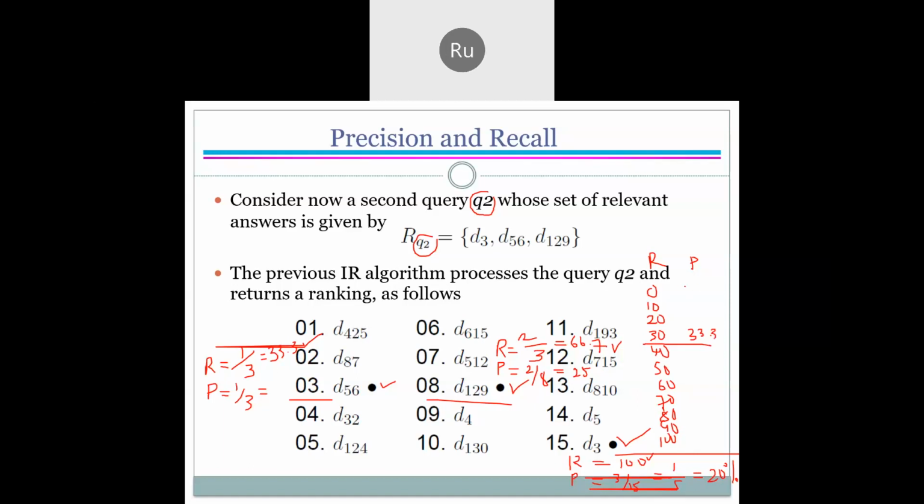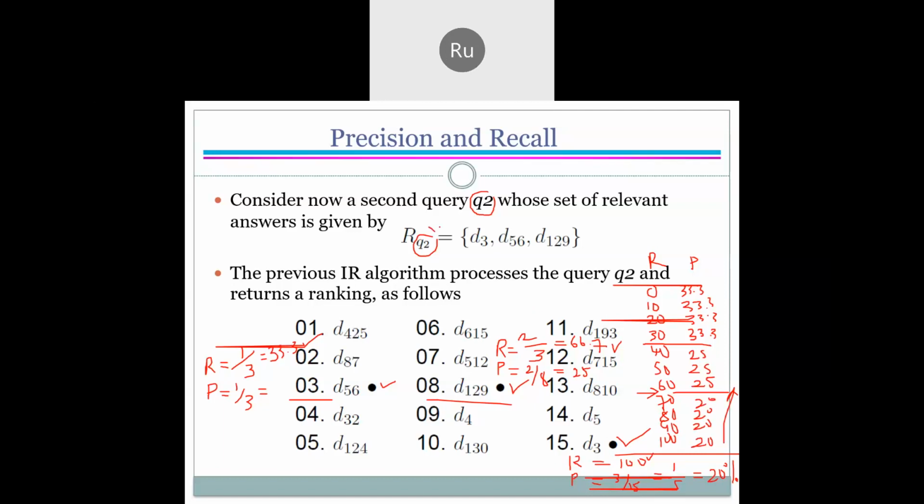For the rest of this, we have to copy: 33.3, 33.3, and 33.3. This one is 66.7, so 66 is here. So the value will be 25, and we just copy the whole thing. And the next one is 100. This is 20, so we copy 20. Okay? So we will have this.